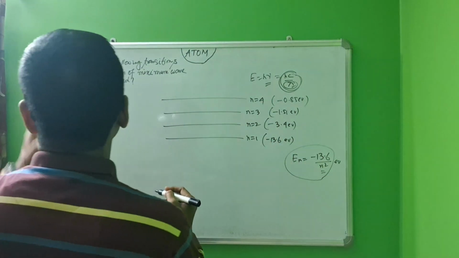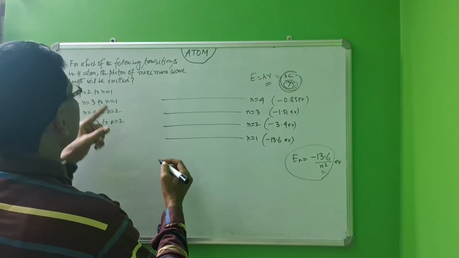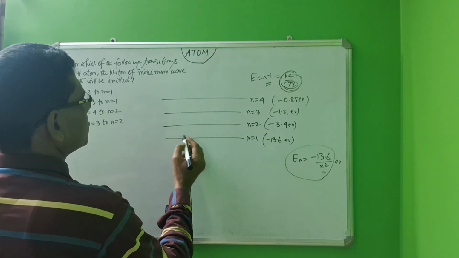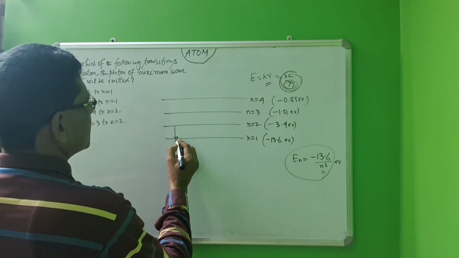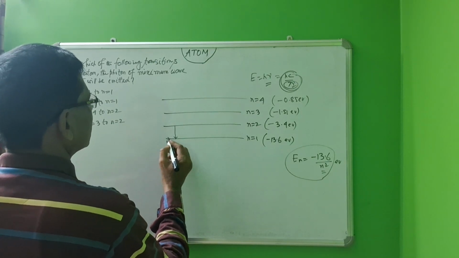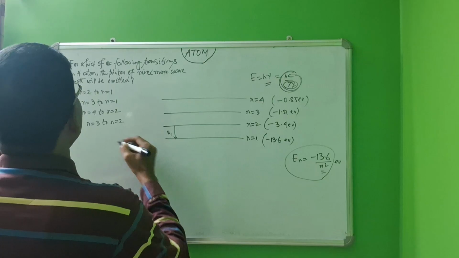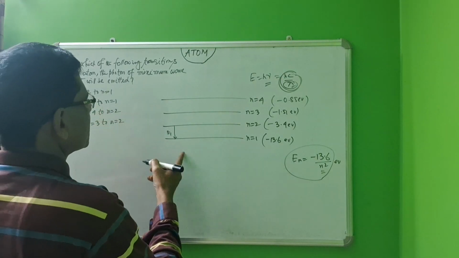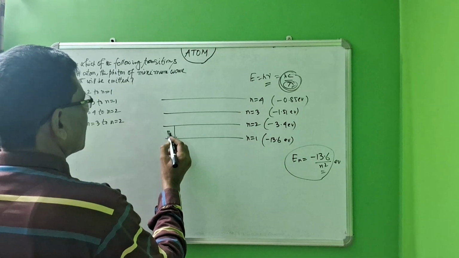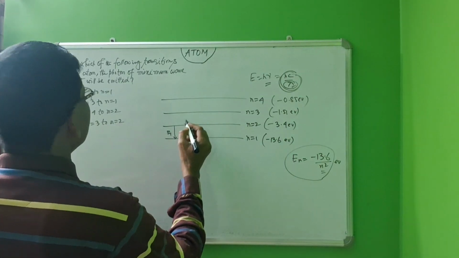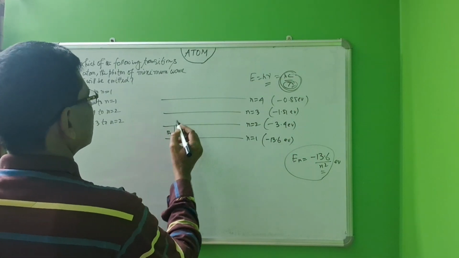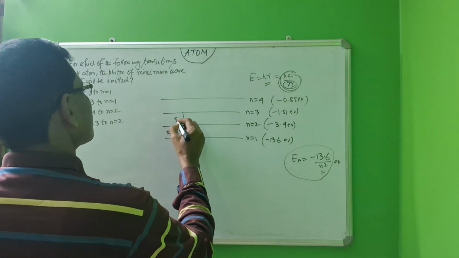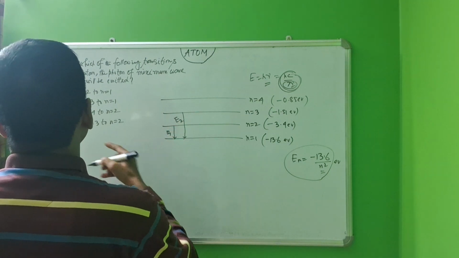Now, according to the problem, for A ray, from n equals 2 to n equals 1, suppose this is E1. For B ray, n equals 3 to n equals 1, suppose this is E2.